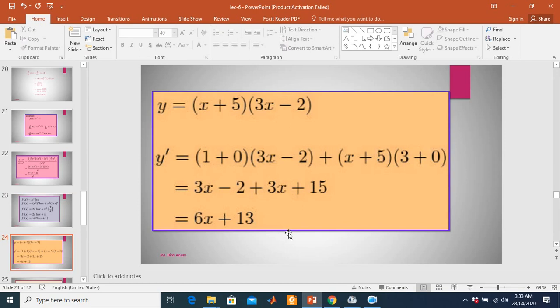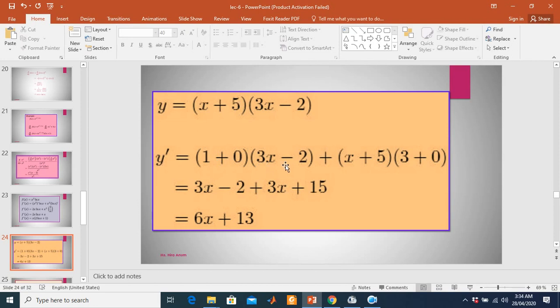Now we have another example, y equals (x plus 5)(3x minus 2). We are multiplying, so we use the derivative by the product rule. The first derivative: the derivative of x plus 5, x is 1 and a constant has derivative 0, so plus 0.